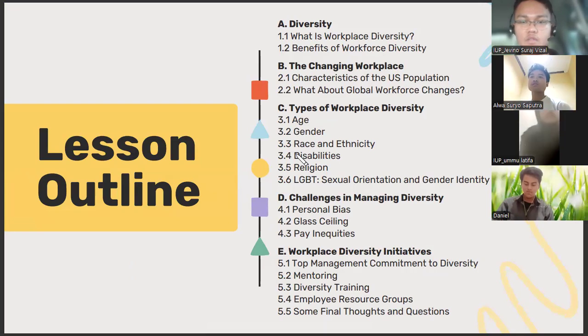Characteristics of the U.S. population. 2.2. What about global workforce change? C. Types of workplace diversity. 3.1 Age. 3.2 Gender. 3.3 Race and ethnicity. 3.4 Disabilities. 3.5 Religion. 3.6 LGBT sexual orientation and gender identity.